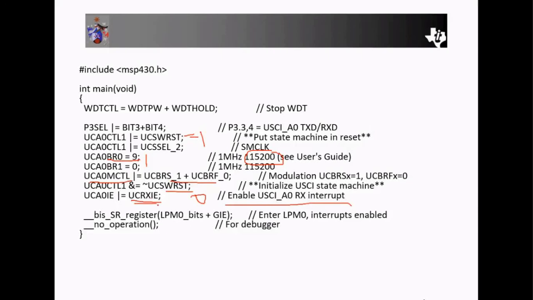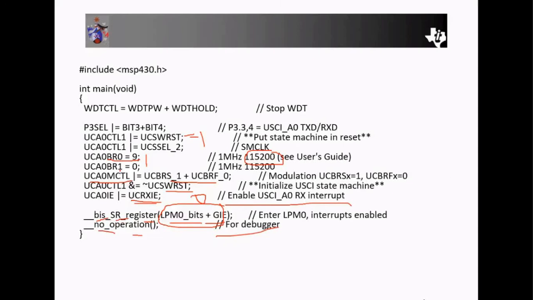Now since we are using low power modes, we are entering the low power mode, so it is written there bit set status register, LPM0 bits plus GIE. If both the bits are enabled in the status register and no operation for the debugger, you can check whether any errors are there or not. So this is the body of the program.